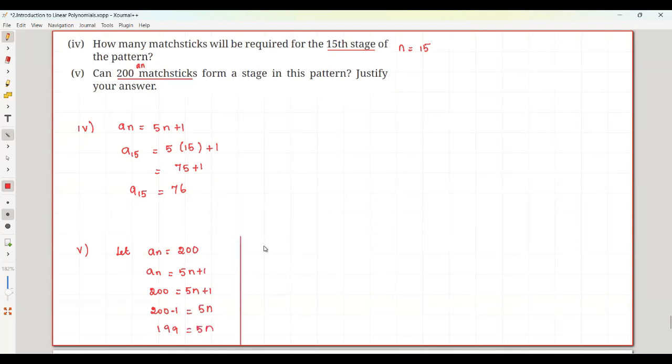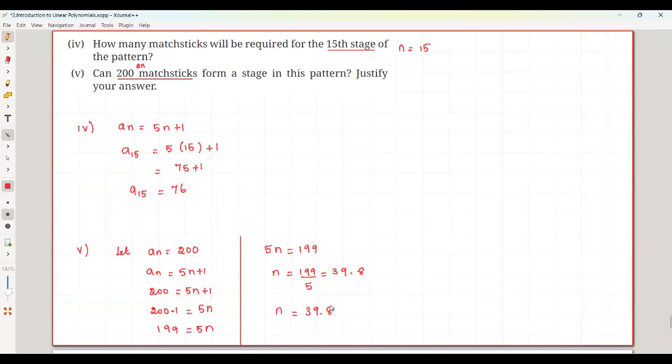So 5n is equal to 199, and n is equal to 199 divided by 5. The number of terms n should be a whole number. Here we are getting n as a decimal.